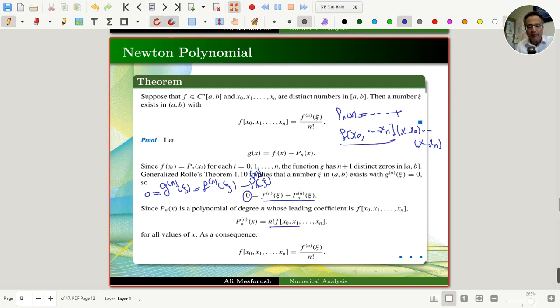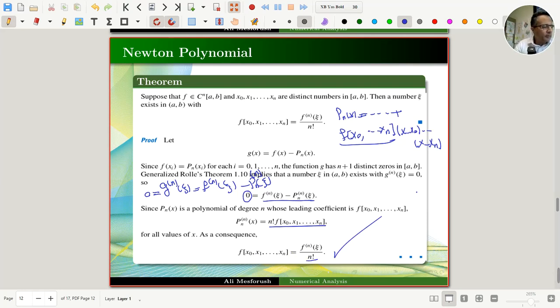So it will be exactly like this. This is true for all values of x. So if you consider f[x0, ..., xn] here, you get that the divided difference of x0, x1 to xn is equal to the nth derivative of f at c over n factorial, and it completes the proof of this theorem.